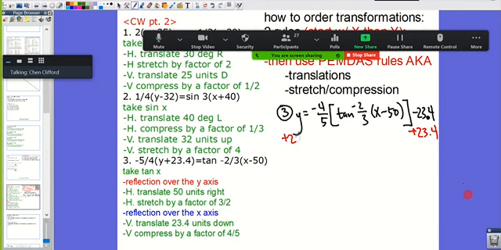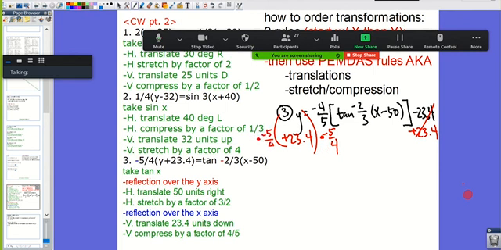Add. All right, so this cancels. And then after that, you're going to multiply both sides by the negative reciprocal of 5/4.